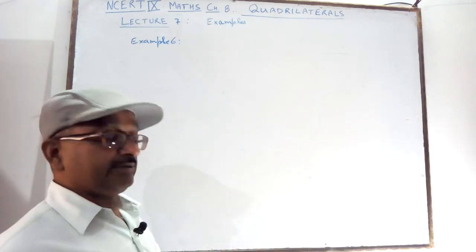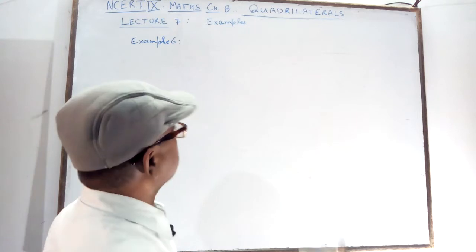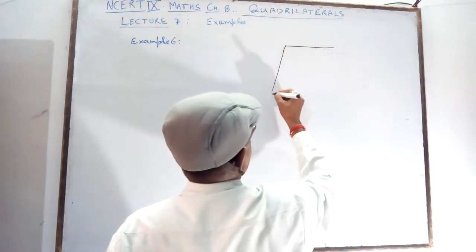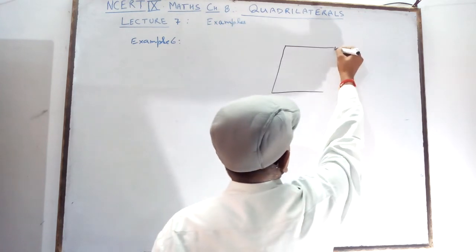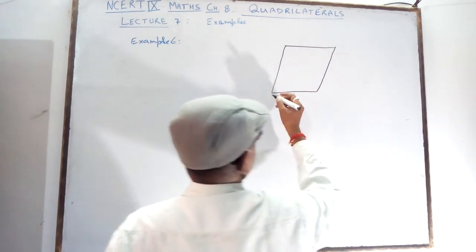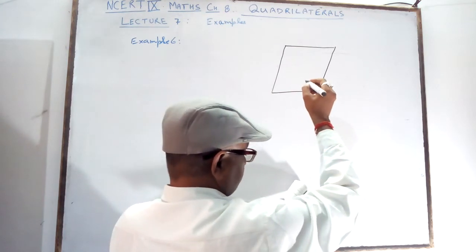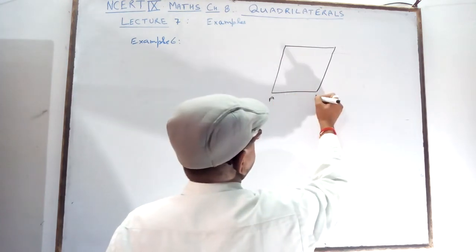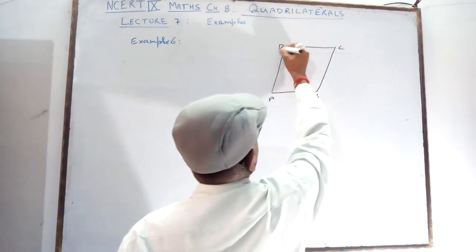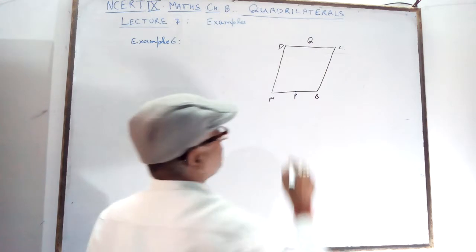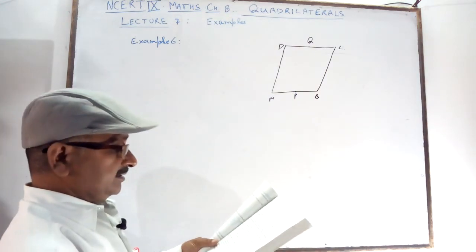ABCD is a parallelogram in which P and Q are the midpoints of AB and CD.